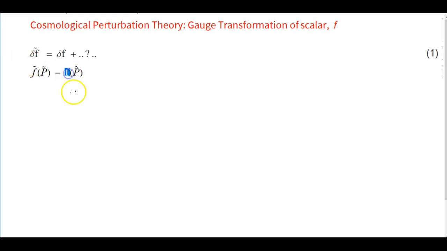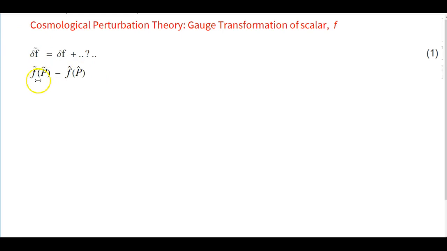We introduced this expression when we introduced gauge transformations in perturbation theory, and we used it as the starting point in our previous transformations. So it's the same starting point.